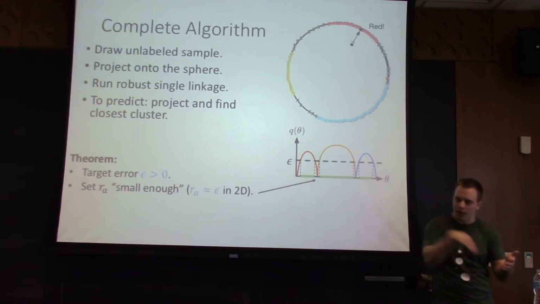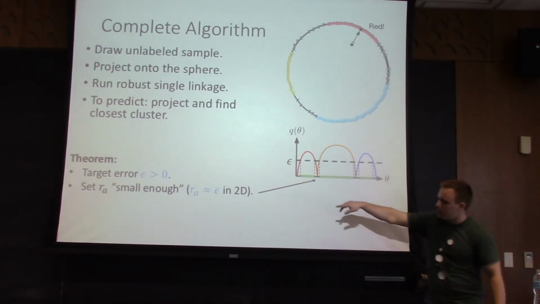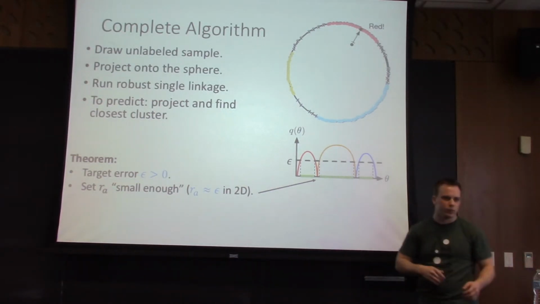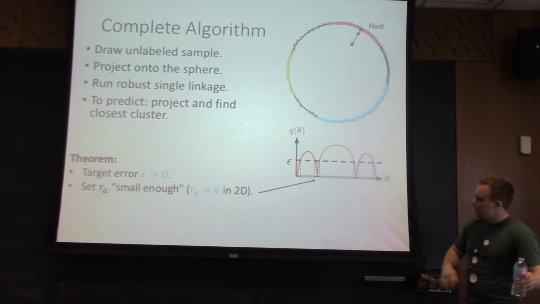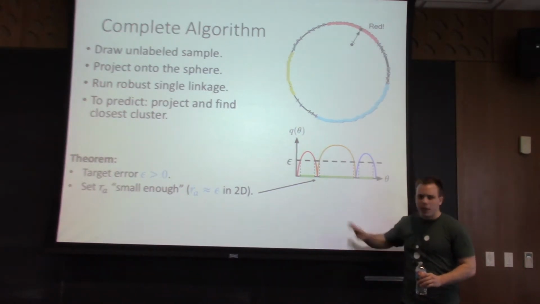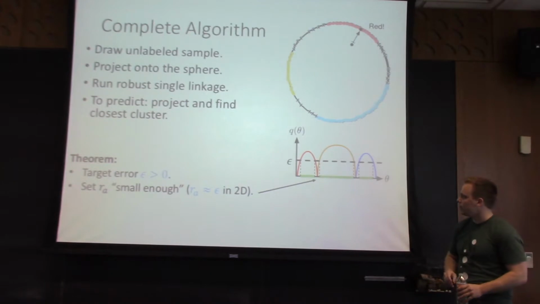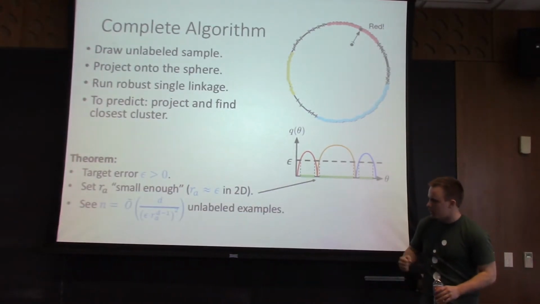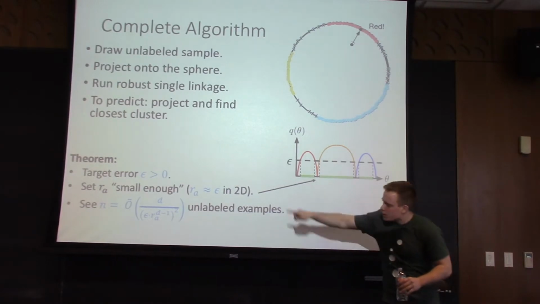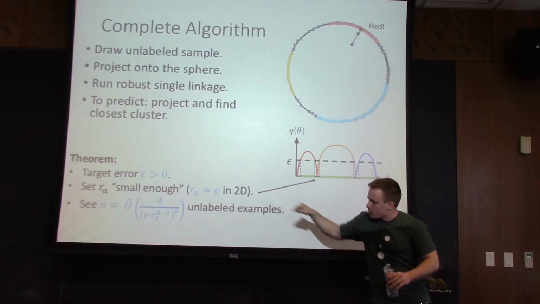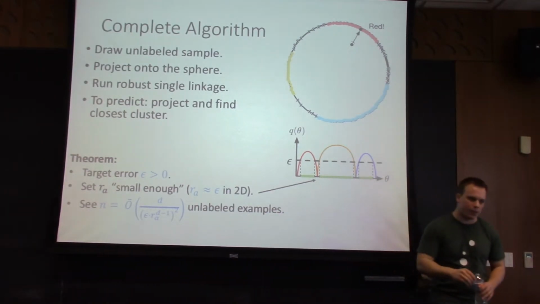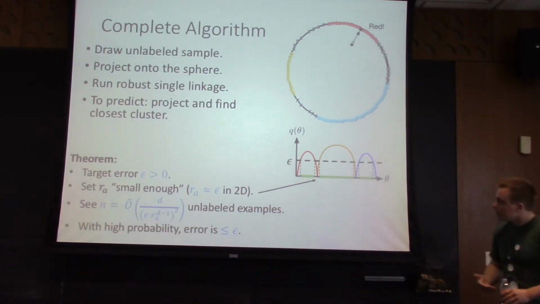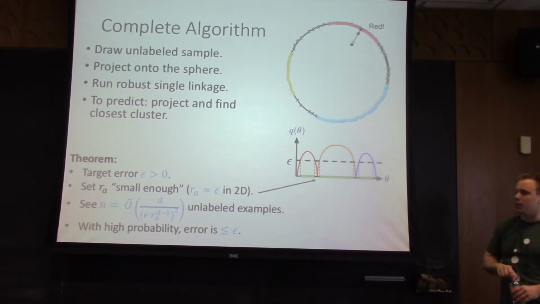So in the limit, as you try to make epsilon very small, its activation radius doesn't go to 0 too fast. And in higher dimensions, I kind of expect that this is true, but we don't have a careful calculation. But once you've done that, if you see a sample of this particular size, so it depends on the dimension of the problem, this activation radius that we picked, and the target error rate epsilon, then with high probability, the resulting classifier is going to have error at most epsilon.